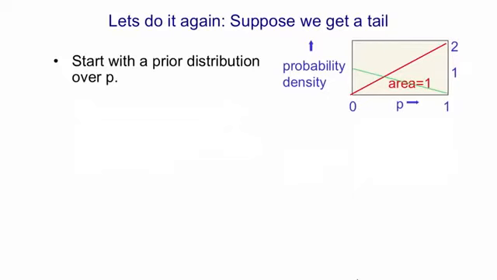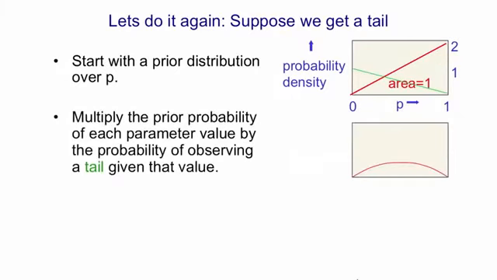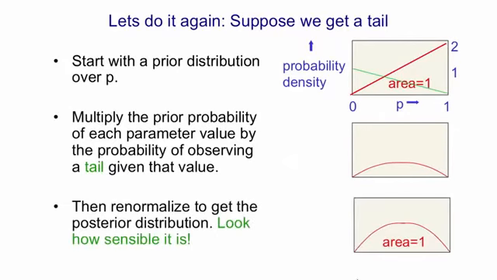So we have to multiply our prior by our likelihood term, and now we get a curve like that. Then we have to renormalize to make the area be 1, and that's now our posterior distribution after having observed one head and one tail. And notice it's a pretty sensible distribution. After observing one of each, we know that p can't be either 0 or 1, and it also seems very sensible that the most likely thing is now in the middle.